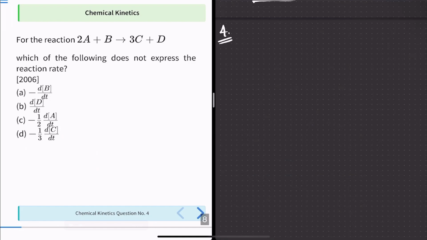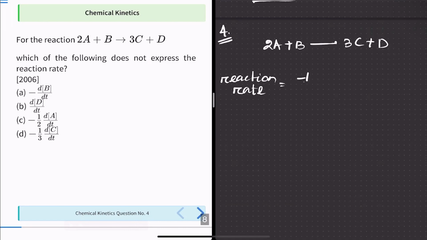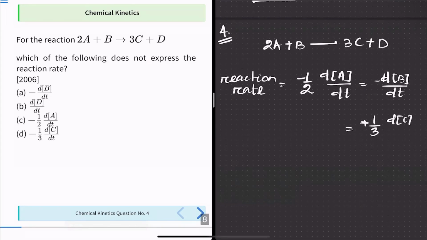Let's write the reaction rate. 2A plus B gives rise to 3C plus D. The reaction rate in terms of A, B, or C would be minus half dA by dt, equal to minus dB by dt, or plus 1 by 3 dC by dt, or dD by dt.